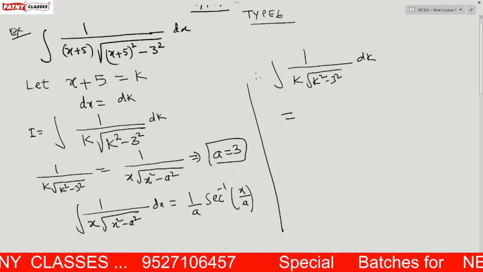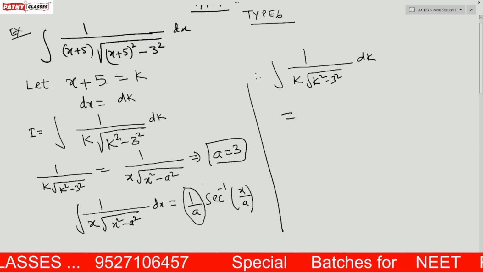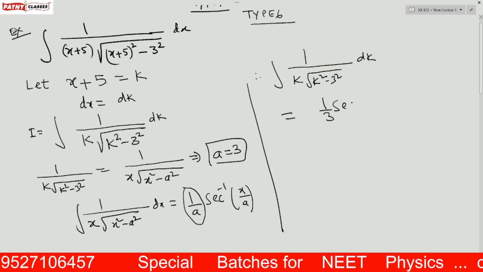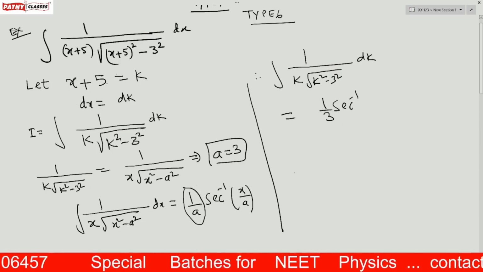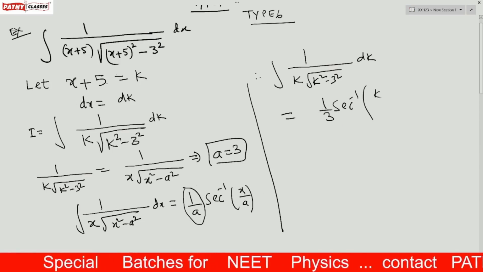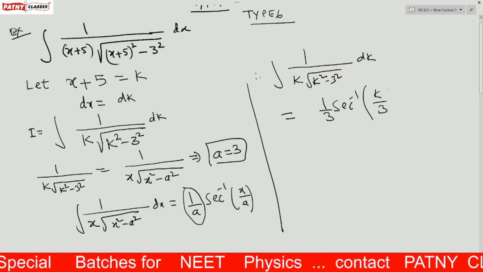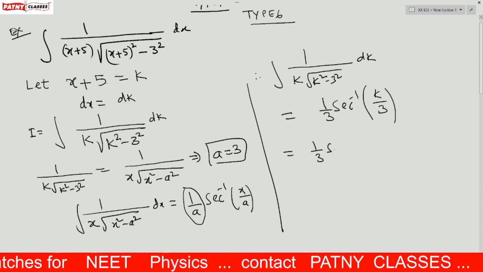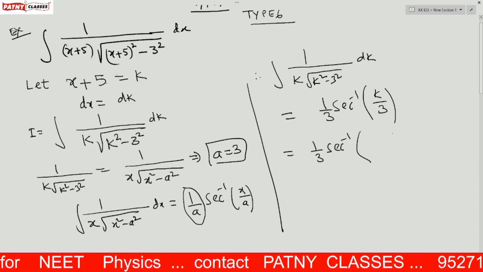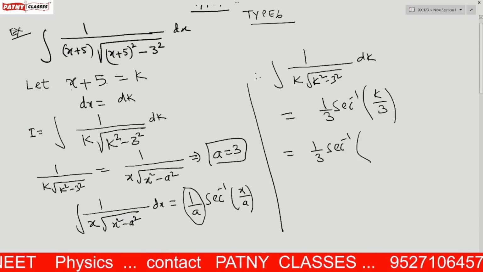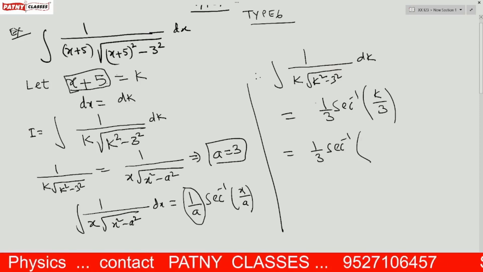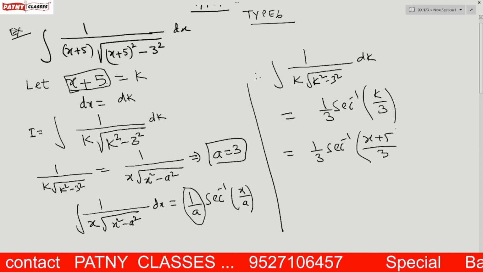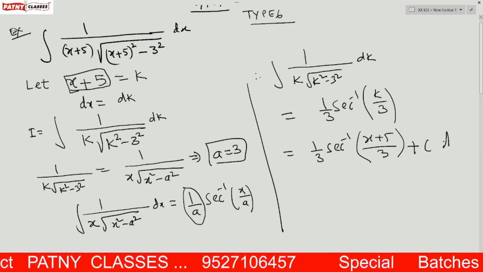So as per the formula, it equals 1 upon 3 sec inverse of k upon 3, because it is a function of k. In place of k, I can put back k equals x plus 5. So 1 upon 3 sec inverse of x plus 5 upon 3 plus c. This is the required answer.